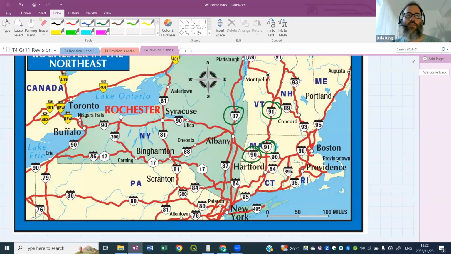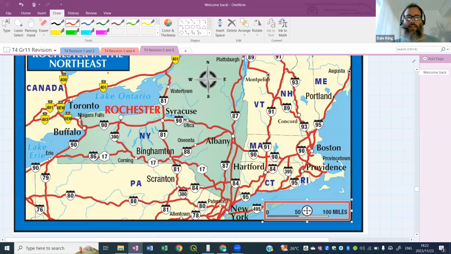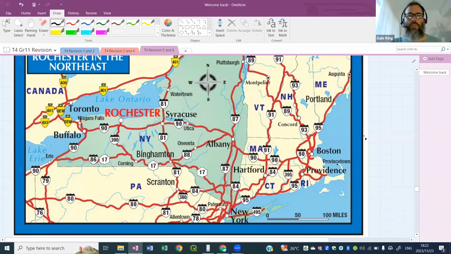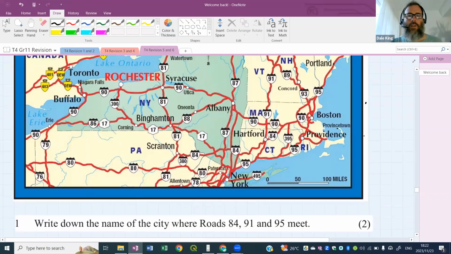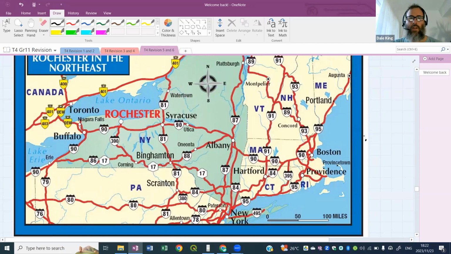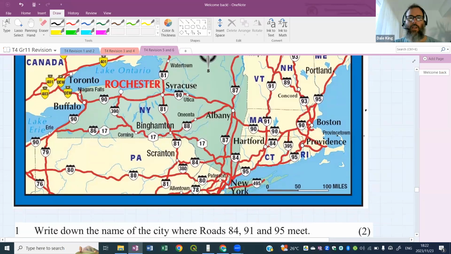Those are the route numbers for this map. And then at the bottom, they've given us a line scale to use. All right, let's see what questions they have for this map. Question number 1. Write down the name of the city where roads 84, 91, and 95 meet. 84, 91, and 95.